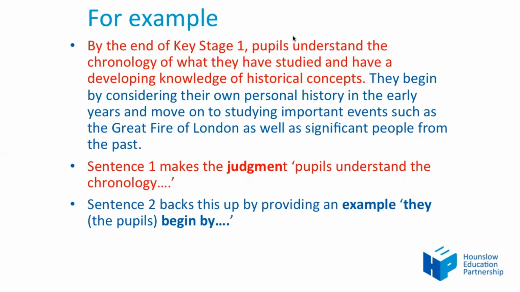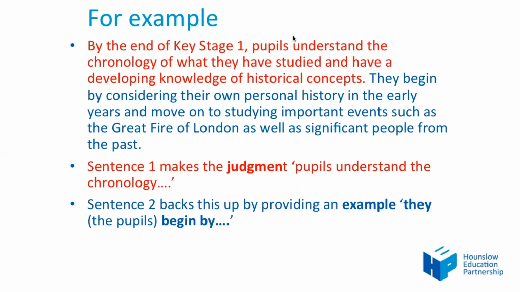Then in blue underneath, I've backed it up by giving an example that I've observed, having been in class and talking to the pupils, because the pupils begin by considering their own personal history in early years, and then they move on to studying important events and significant people.